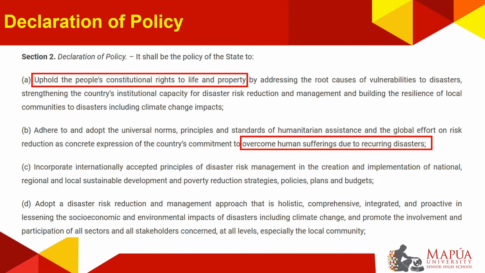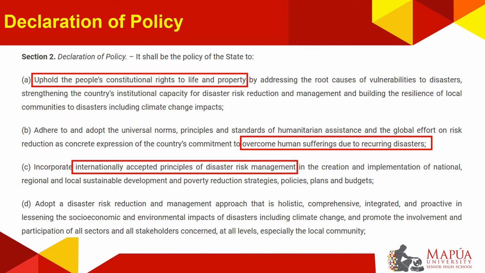Next, letter C is to incorporate internationally accepted principles of disaster risk management. We take into account the accepted principles when it comes to disaster risk management in creating our own methods, strategies, policies, plans, and even budgeting.